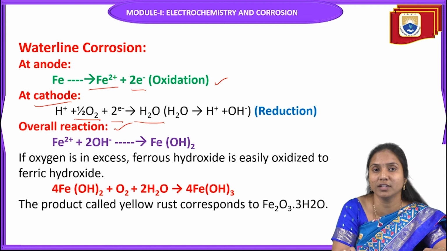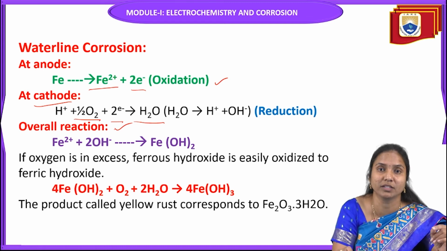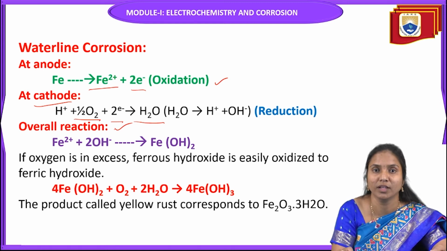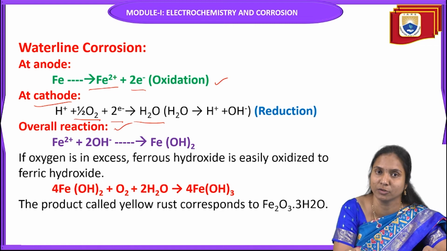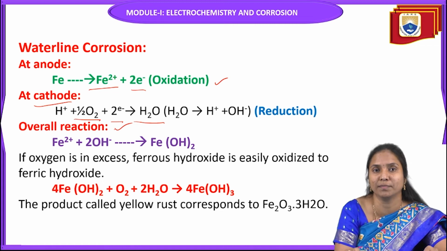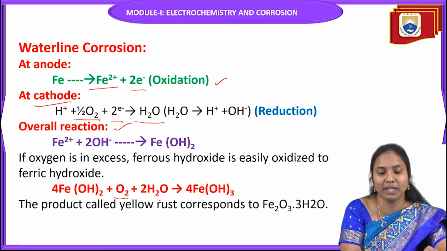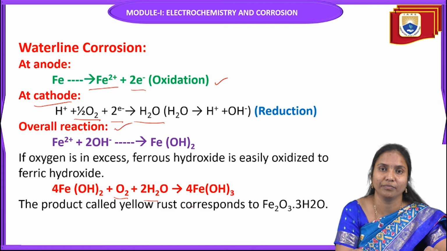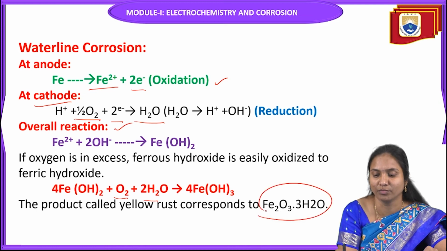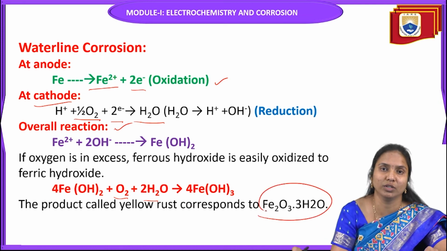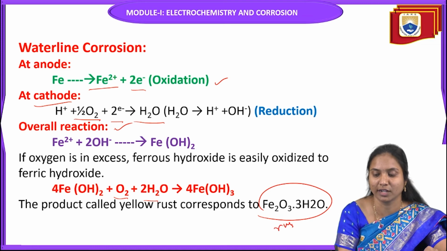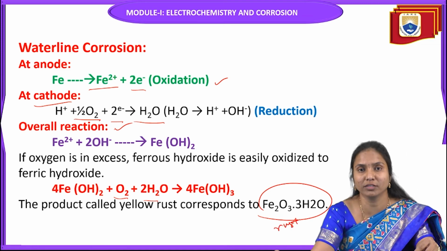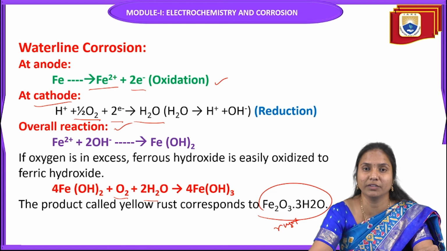If excess oxygen is present, as we just discussed in the oxygen absorption case, the same concept applies here. The ferrous hydroxide interacts with atmospheric oxygen and water to form ferric hydroxide. That means rust is formed. Fe2O3.2H2O is also called rust.